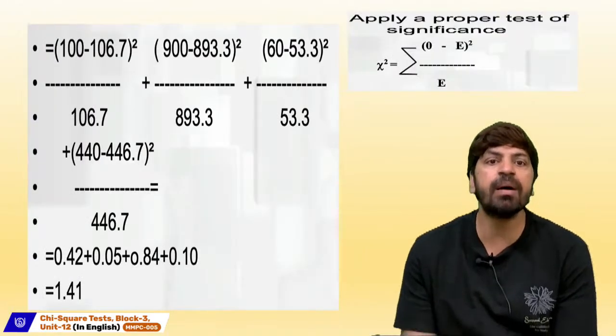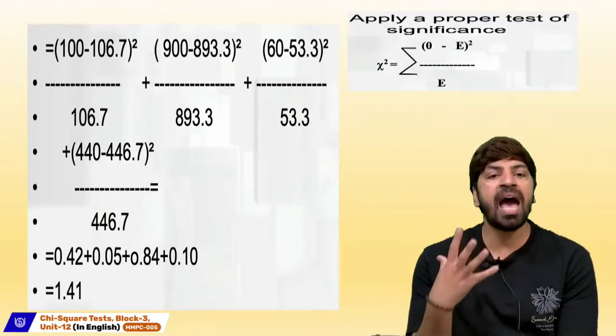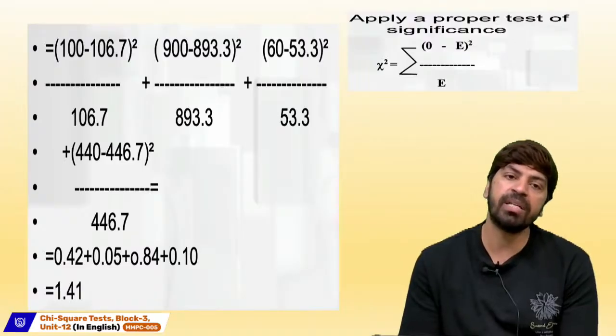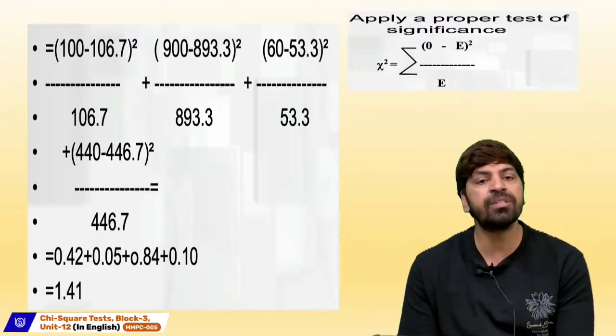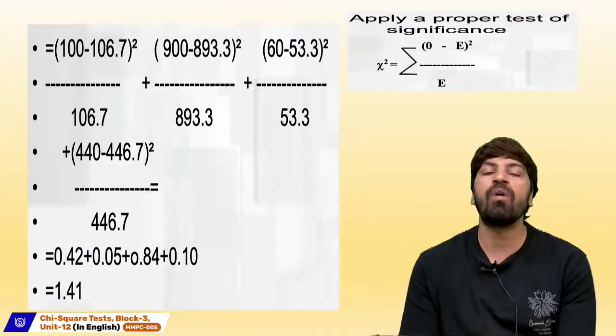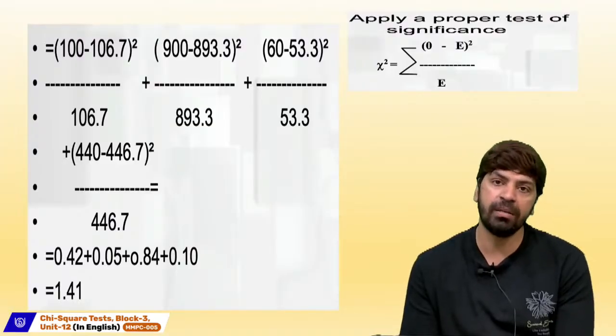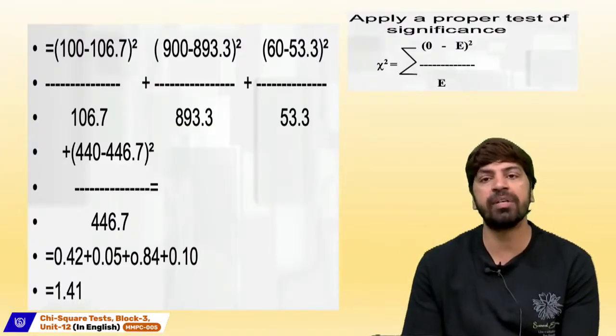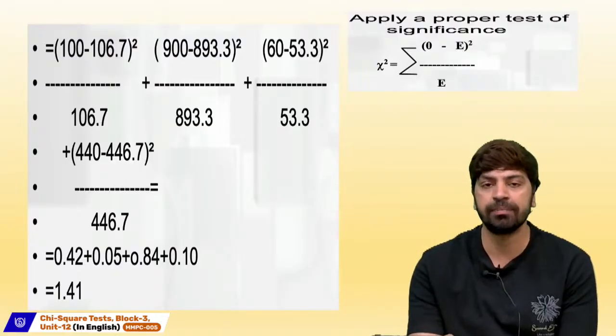Once we compute these, we get the chi-square value, that is 1.41. We have used the formula which has already been shown on the slide.